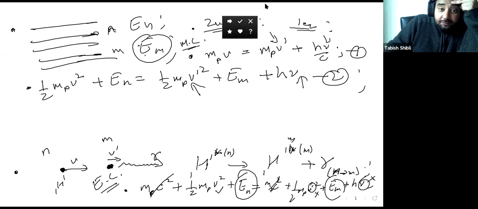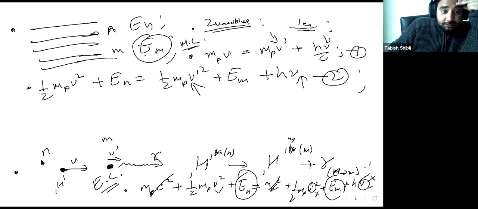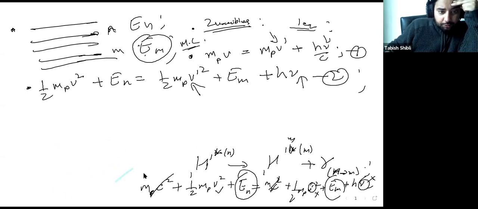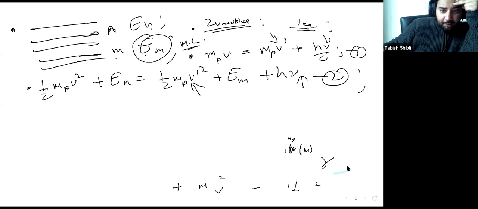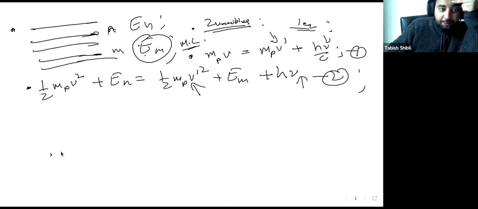There's one more thing that is given in the question. Since the time is almost up, I'm leaving this question to you as homework. There's one more step left, which is at the last line of the question, which says to write the frequency down in terms of f naught, which is the frequency of En minus Em.